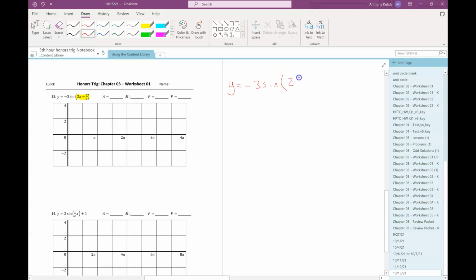So I'm going to factor off a 2. When we're factoring a constant off like that, we divide to find out what else is left. So 2x divided by 2 is just x. And then pi over 2 divided by 2 is the same thing as pi over 2 times 1 over 2. Right? Dividing by a number is the same as multiplying by its reciprocal. So that's how I'm going to get pi over 4.